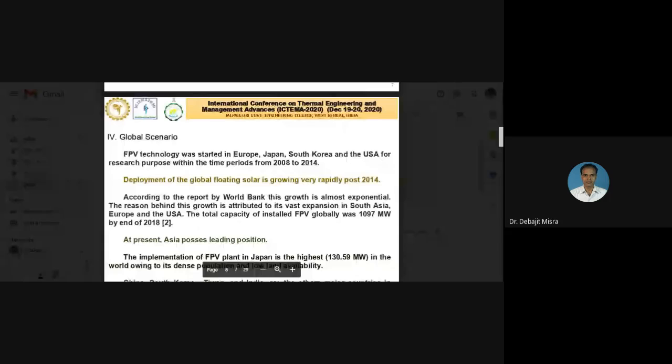The aquatic system can be disturbed. Globally, the technology has been under research since 2018, and development and deployment of solar has been very rapid post 2015.